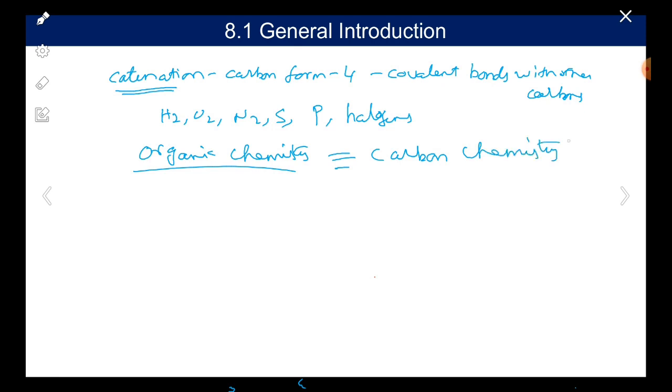Even though in our periodic table we have more than a hundred elements, carbon plays a very important role in real life.